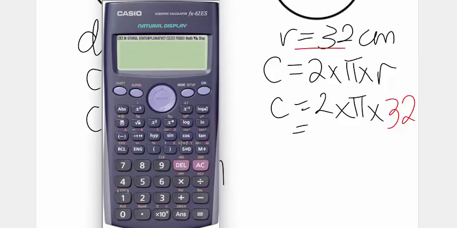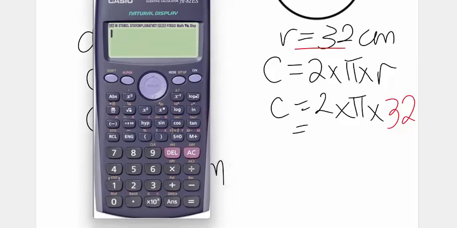Clear it. So again, same process. 2 times Shift pi times 32 equals that.